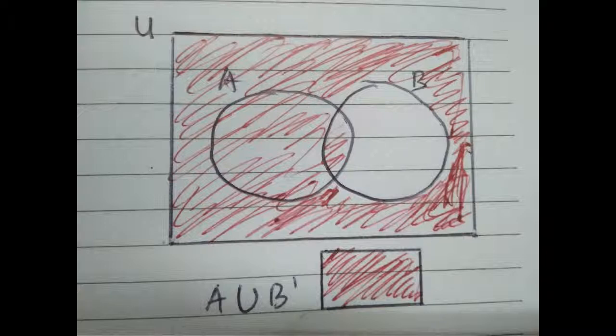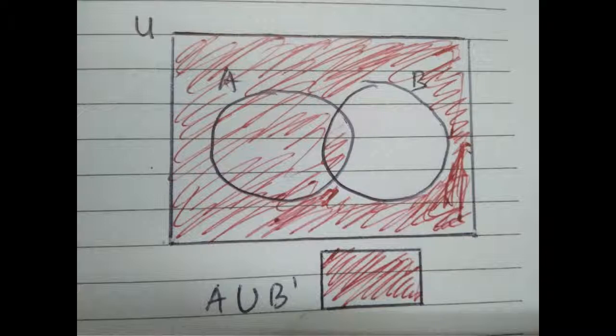So what is the A union B complement? This is it, guys. As you can see from our first diagram, A union B complement is the red ones, the red random texture that I draw here.